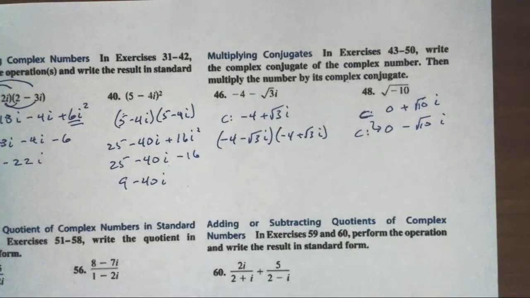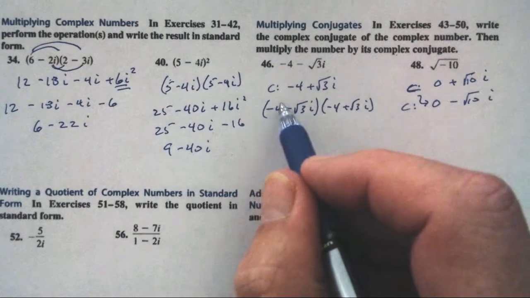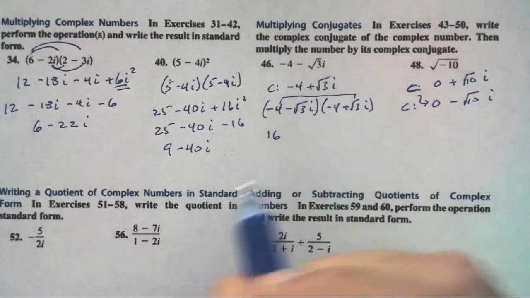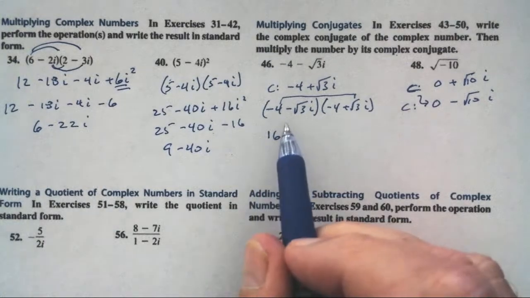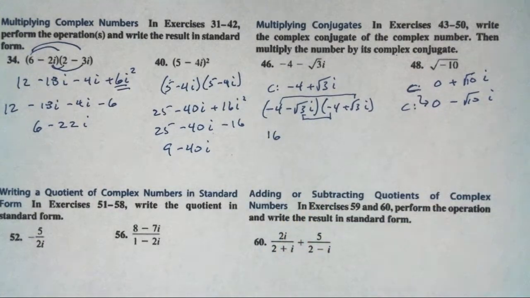And I think we know when we multiply conjugates in the past, good things happen for us. Okay, so let's go ahead and FOIL. I get positive 16. I'm going to get a minus 4 root 3i, but I get a plus 4 root 3i. Those cancel.